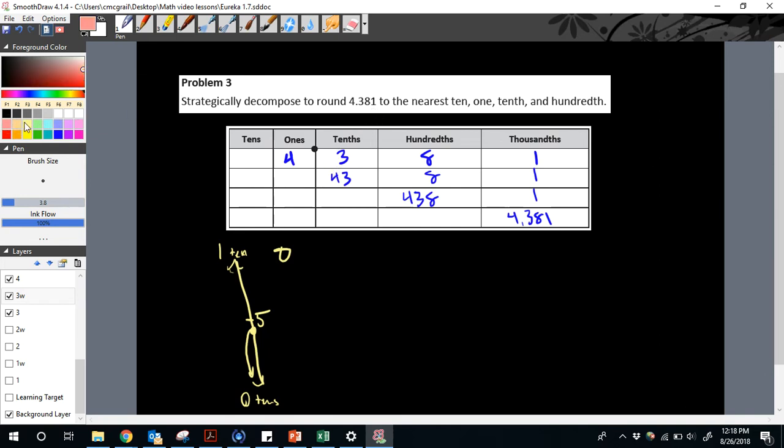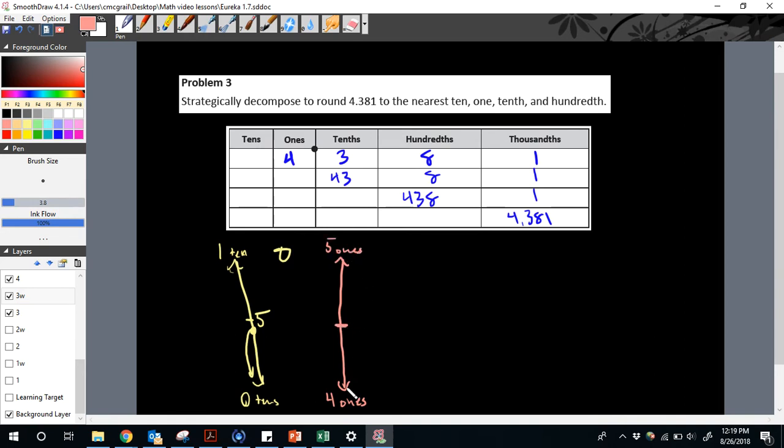Let's draw our second number line. This time, it's asking us to round to the nearest ones place. How many ones does this number have? I can see from my column that it has 4. So I'm going to put 4 ones down here at the bottom, and I'm going to go 1 up, and at the top is going to be 5 ones.